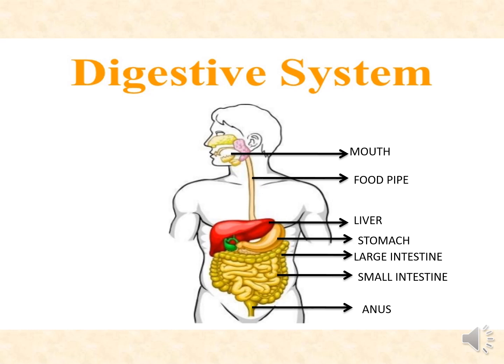So these are the parts of the digestive system. The digestive system starts from the mouth and ends at the anus. So what are the parts of the digestive system? Mouth, food pipe, stomach, liver, large intestine, small intestine and anus. Now we will discuss how the food goes from the mouth to the anus. What is the process? So let's start.